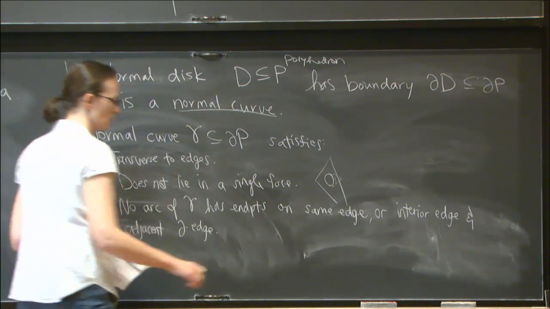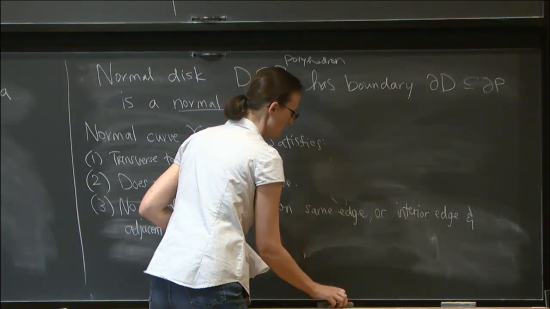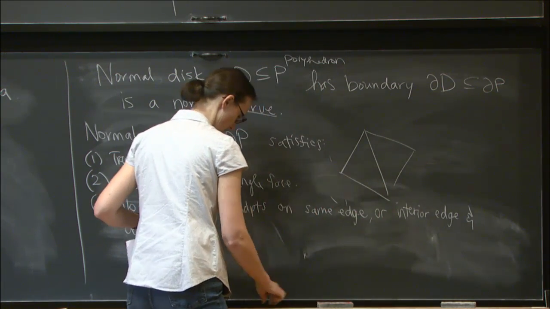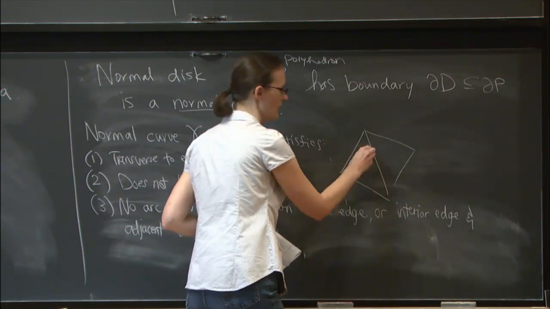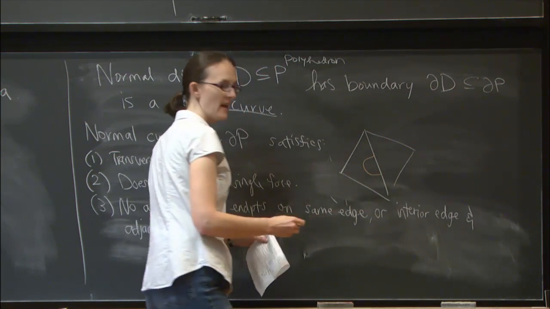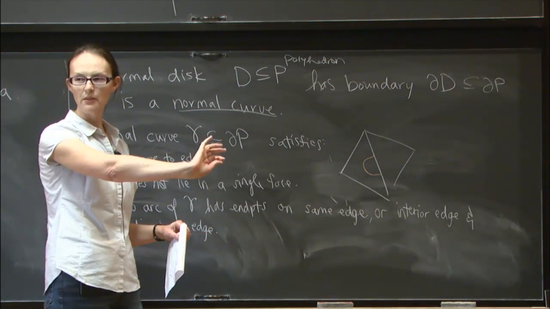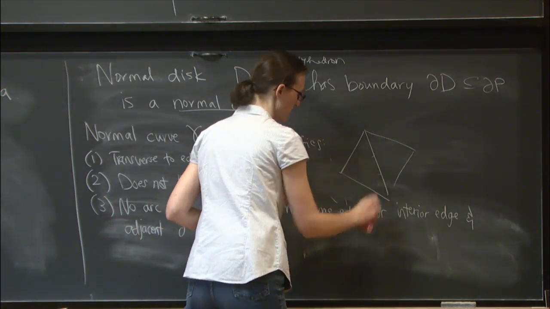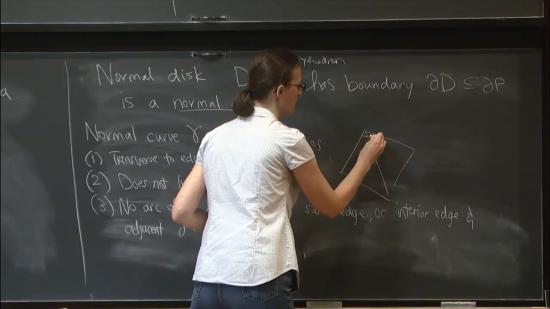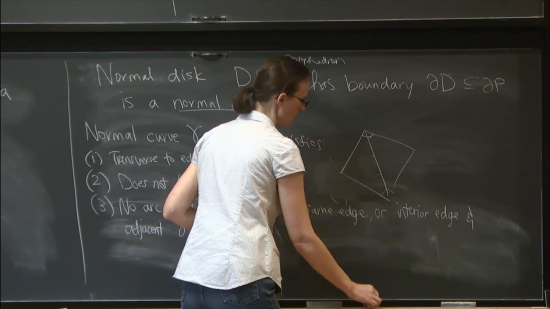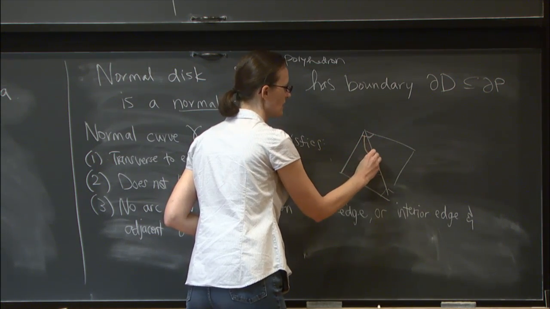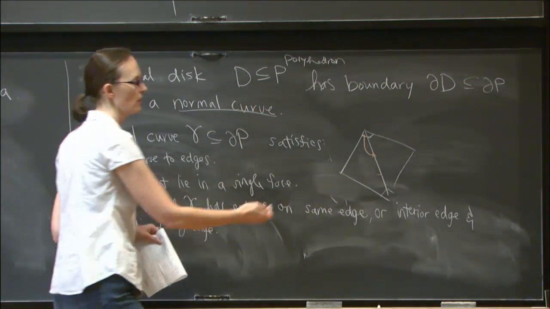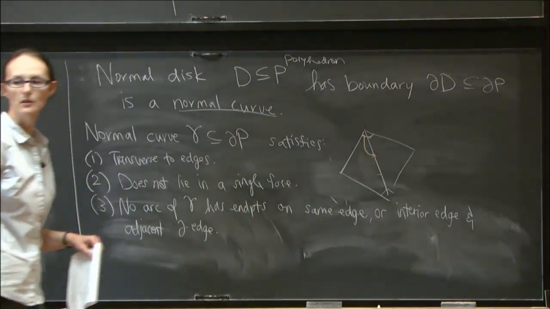So what's the picture here? If your arc has endpoints on the same edge, then you would want to push that through that edge, reducing the number of intersections. If you have an endpoint on an adjacent boundary edge and an adjacent interior edge, then again, you want to slide that past and reduce the number of intersections.